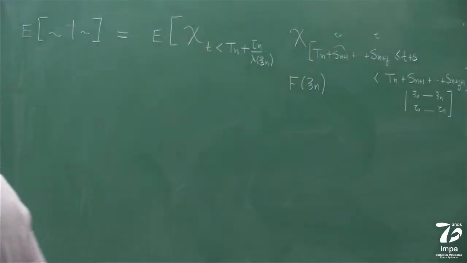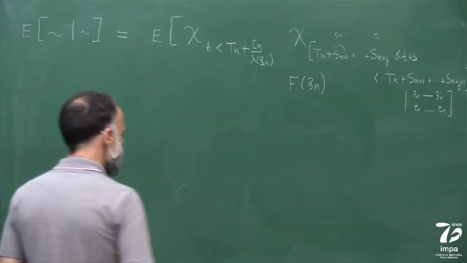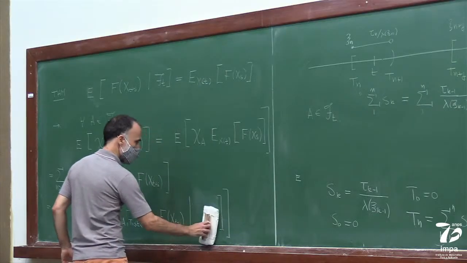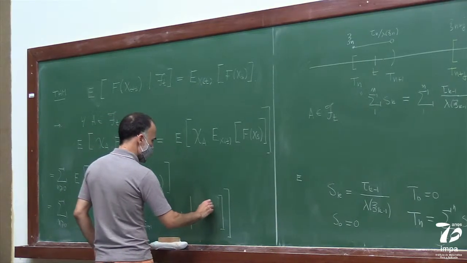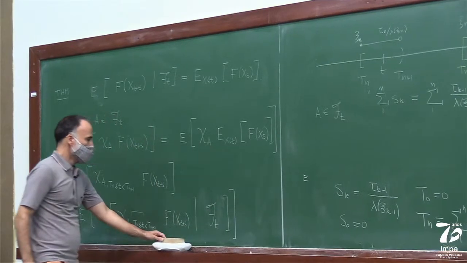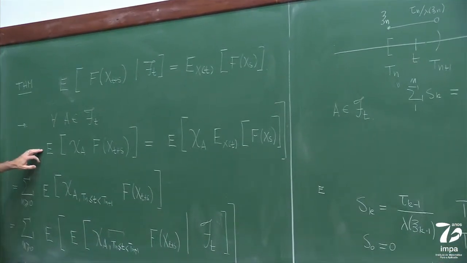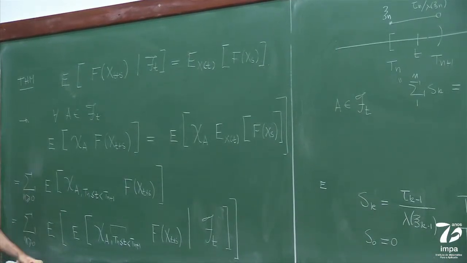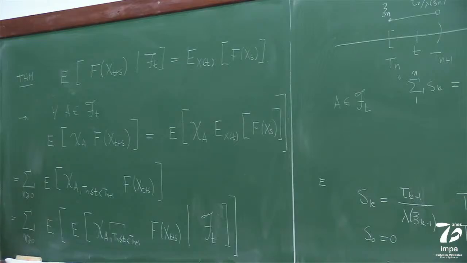So I will not condition immediately on these variables. Let's go back here and let's condition only on F_t. So let's go back to where we started. And instead of conditioning on psi 0 and so on, let's first see at which interval t belongs. So this is okay.